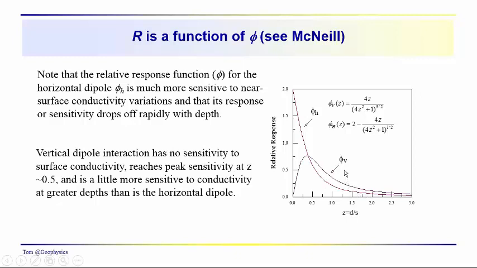The relative response for the vertical dipole is a little bit greater than that for the horizontal dipole. But there's a real divergence as we get into the near surface. And these are the formulas that one would use to calculate the relative response function for the vertical dipole and the horizontal dipole. Remember that R is an integral of this, so we end up getting 1 over the square root of 4z squared plus 1 for our R.